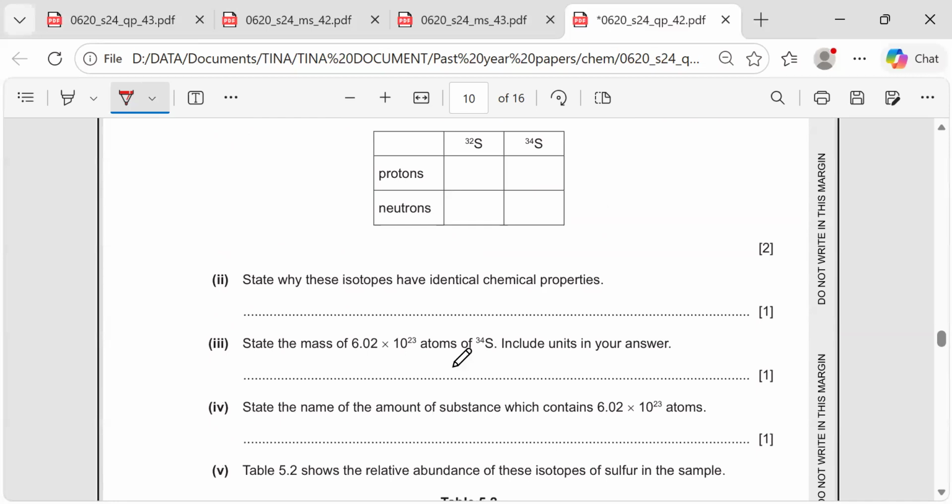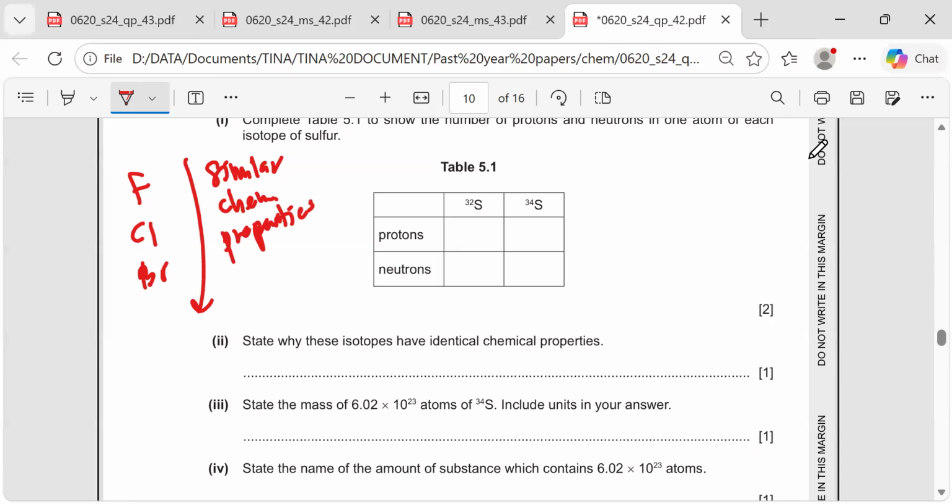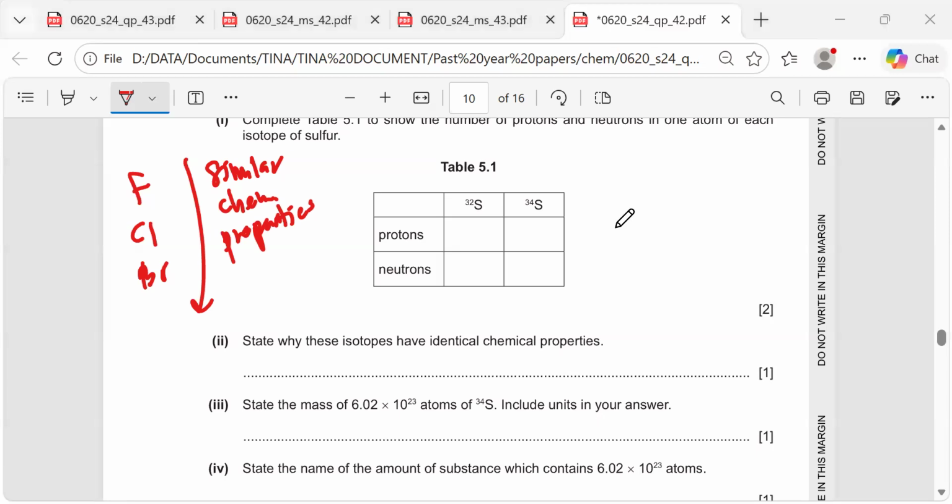If I'm asking you fluorine, chlorine, bromine, why they have similar chemical properties? Wait, I'm explaining two different scenarios. Fluorine, chlorine are all halogens.